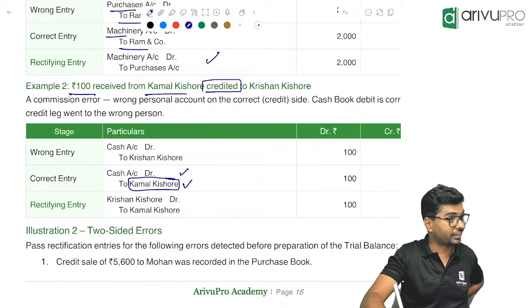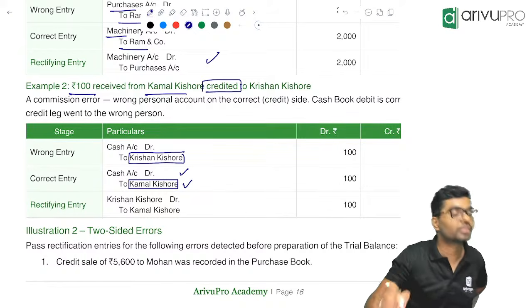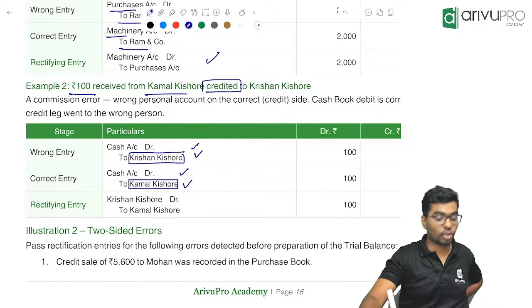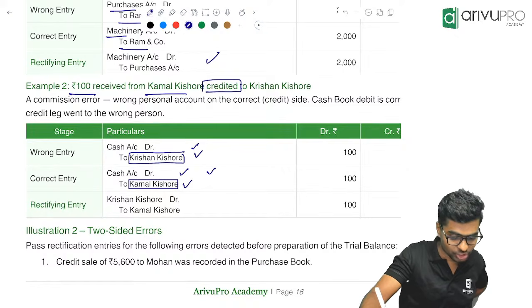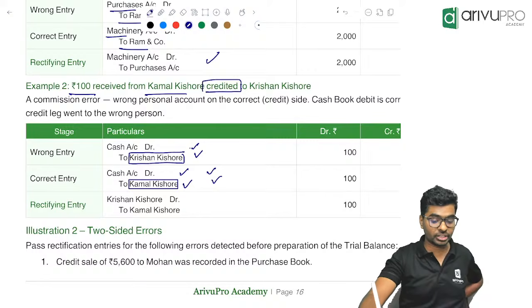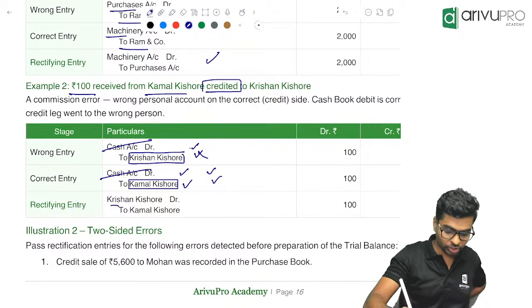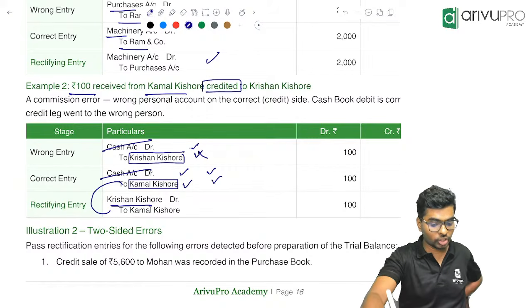This is credited to whose account? So the right entry is cash to Kamal. The wrong entry is cash to Krishan. So what will be the rectified entry? The right one stays, and the wrong one has to be reversed. So Krishan will come on the numerator, replacing Kamal. Understood how we read credit?